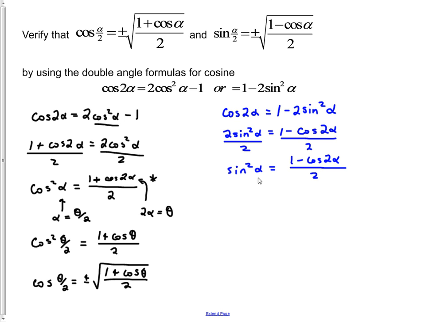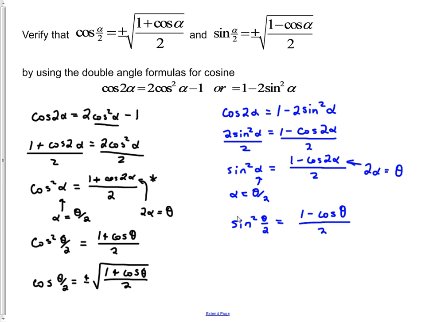Once again, let's just do this trick right here. Let's replace the angle alpha with the angle theta over 2. That means that our angle 2 alpha is going to be the same thing as just plain old theta. So if we make those replacements, we have the square of the sine of theta over 2, and we find that that is exactly the same as 1 minus the cosine of the full angle theta, all divided by 2.